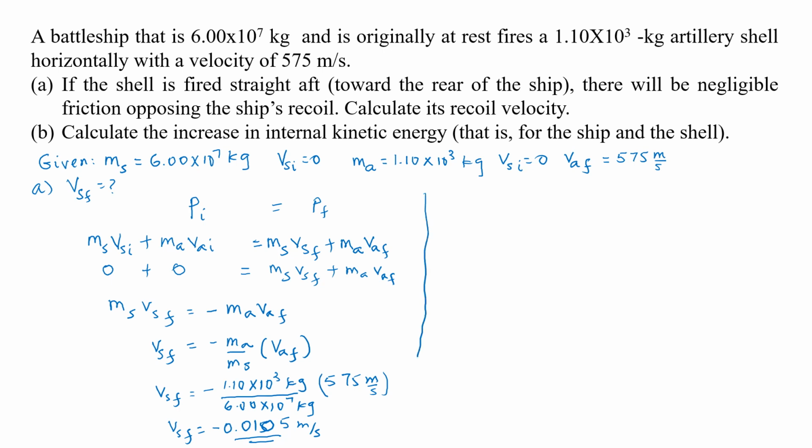And B is asking for the change in kinetic energy. An increase in kinetic energy means basically final kinetic energy minus initial kinetic energy. Kinetic energy final minus kinetic energy initial.